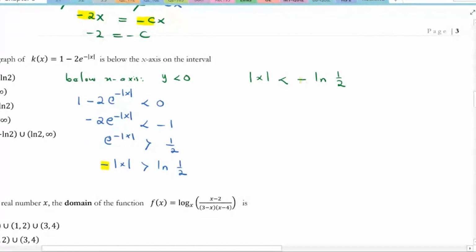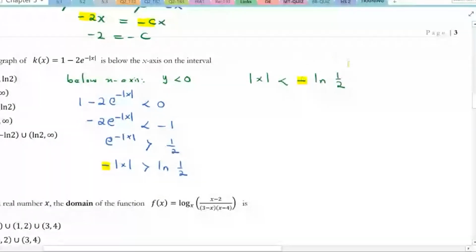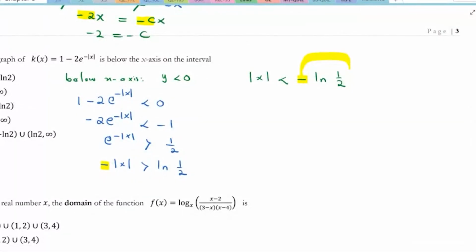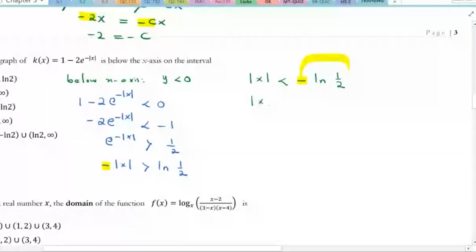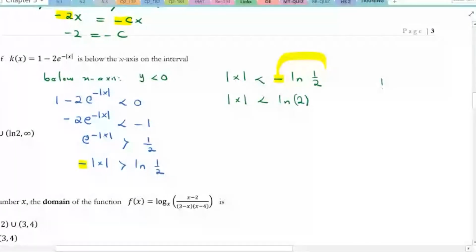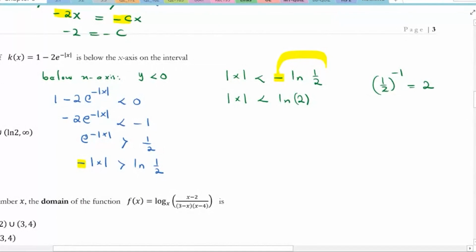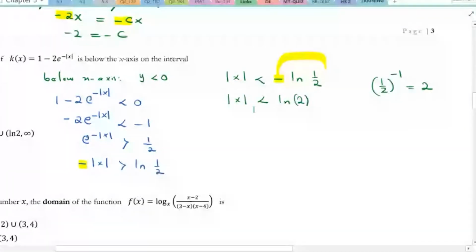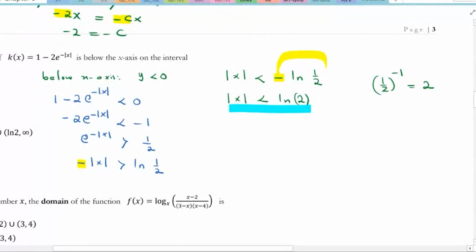Now let us apply the power property of logarithm. Here we have absolute value of x less than ln of 2, because 1 over 2 all to the power of minus 1 is equal to 2. Now, we know this property from 001, section 1.8.